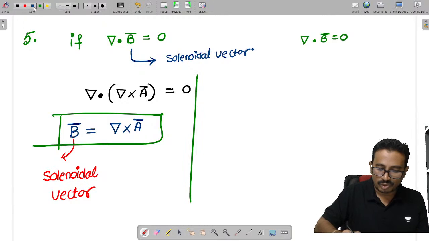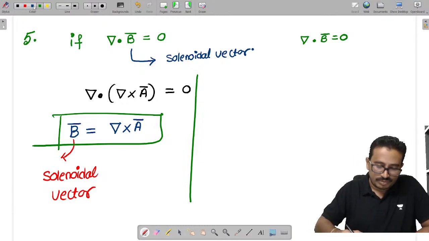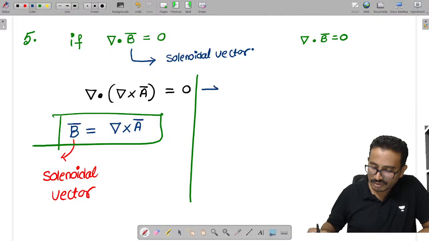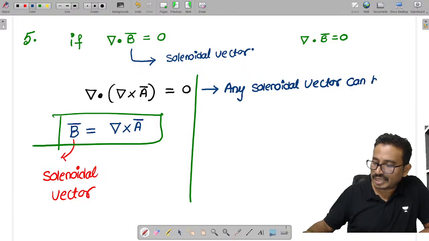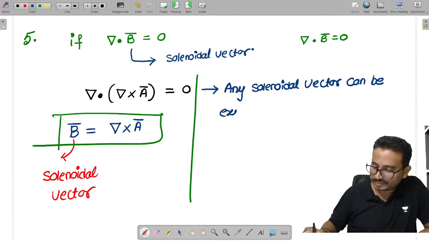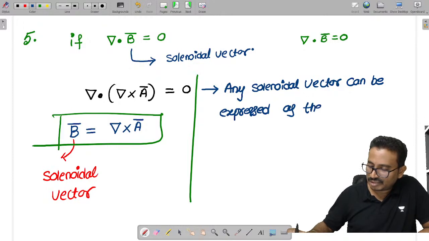So from this what can we conclude? Any solenoidal vector can be expressed as the curl of some other vector.